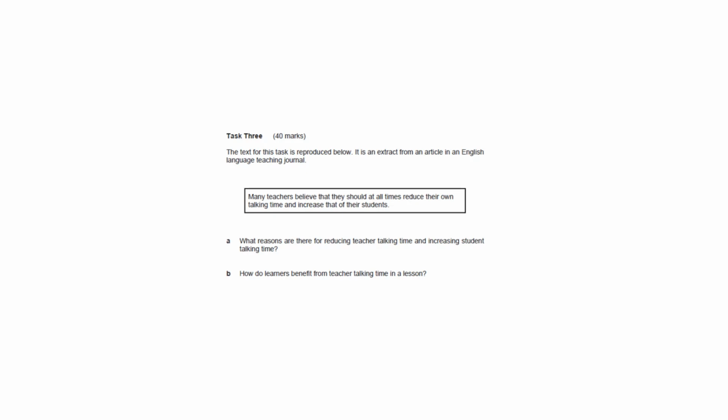Teacher talking time and student talking time. What reasons are there for reducing teacher talking time? Because learners can learn from each other and they feel easier to speak to a friend, to a classmate rather than the teacher.